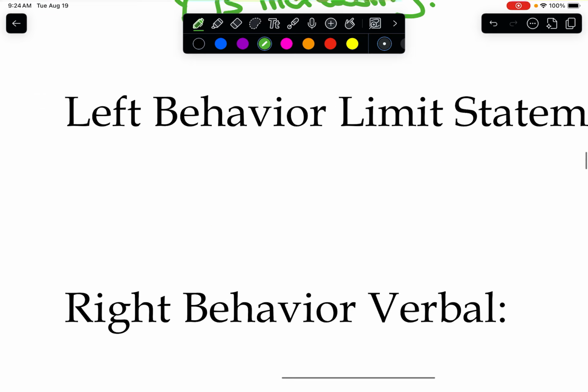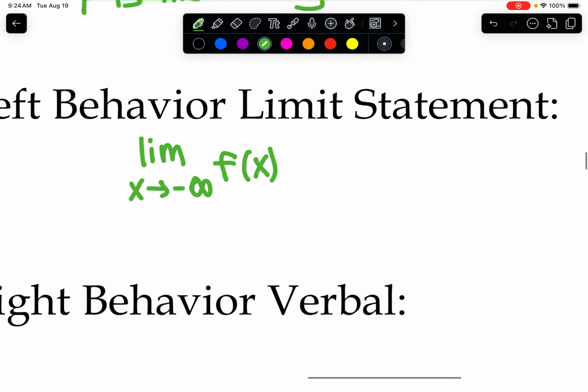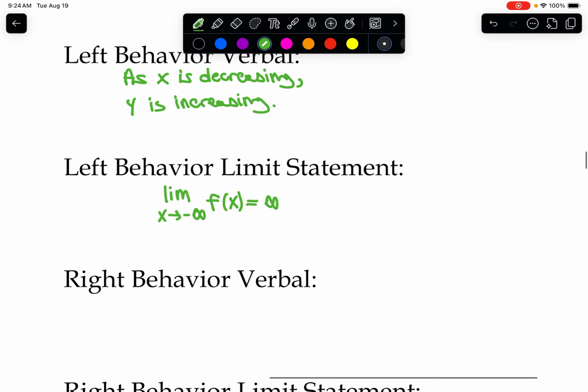Which means as a limit, this would be the limit as x approaches negative infinity of f of x. It's going to be going towards positive infinity since it's increasing without bound.